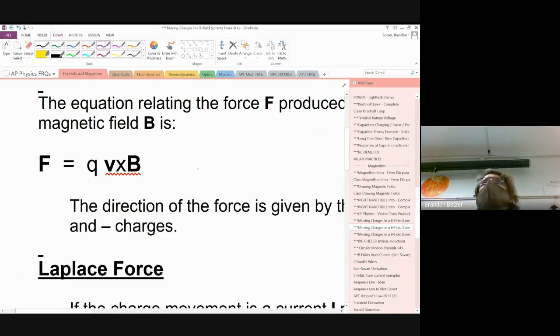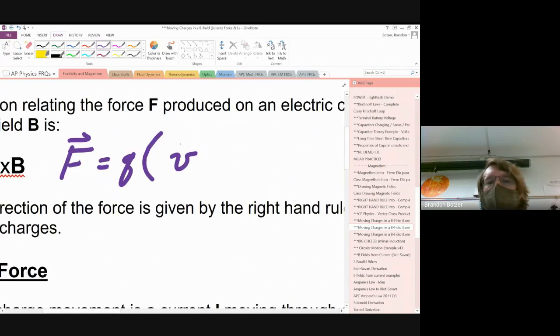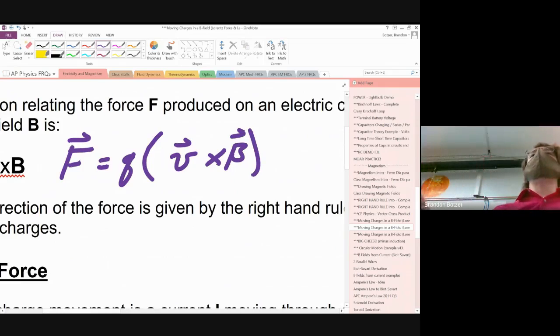I'm going to rewrite this so it looks a little nicer in my opinion. F vector equals Q times the quantity V cross B. That's a big important equation. Burn that one into your retina.